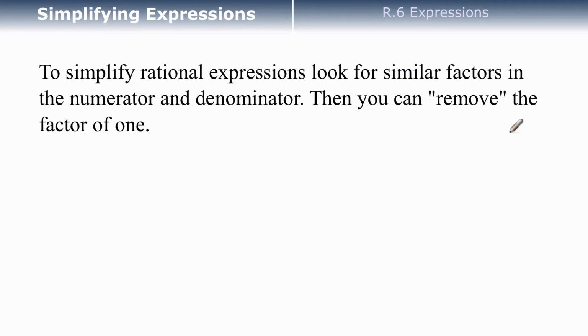Okay, so when we're simplifying an expression, what we're looking for is something that's the same on the top and the bottom, or similar factors that are in the numerator and the denominator. If I have those, then I can remove them. For example, if I have 2 over 4, you probably look at that and you're automatically thinking 1/2.